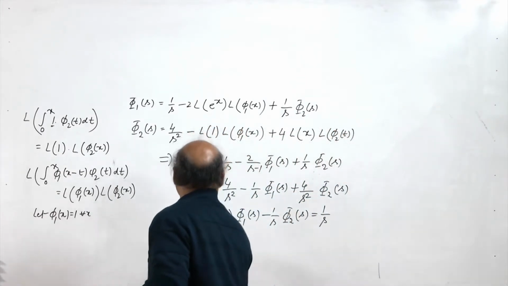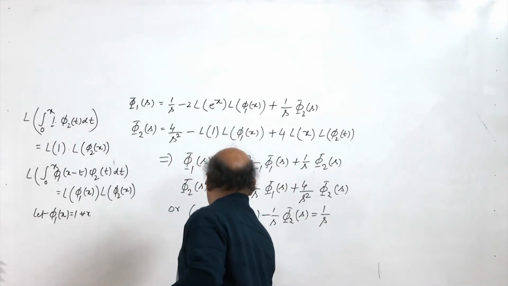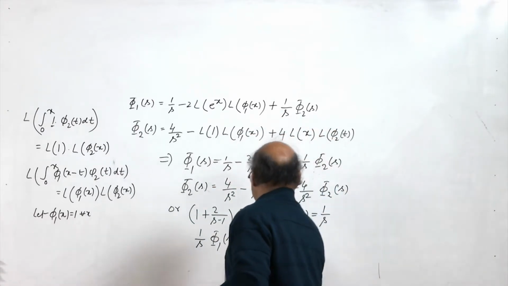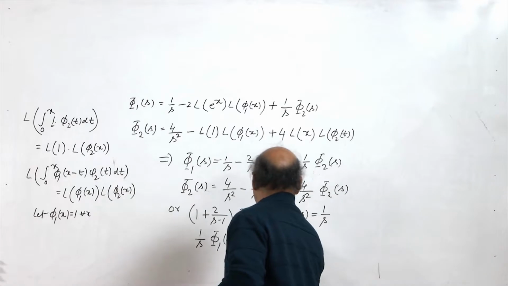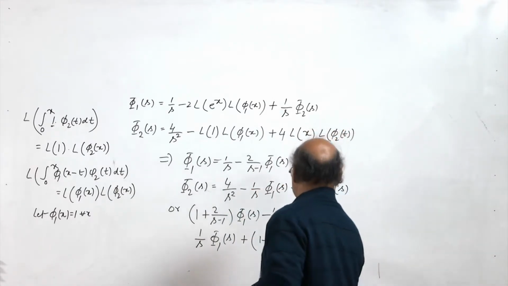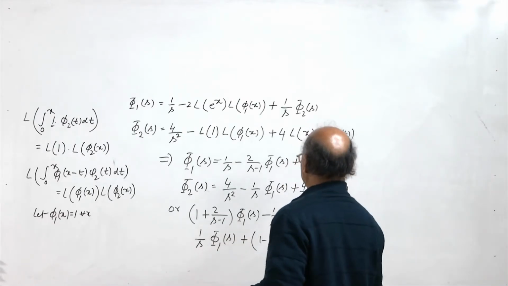The second equation can be rewritten as 1 over s phi 1 s plus 1 minus 4 over s square phi 2 s equal to 4 over s square.